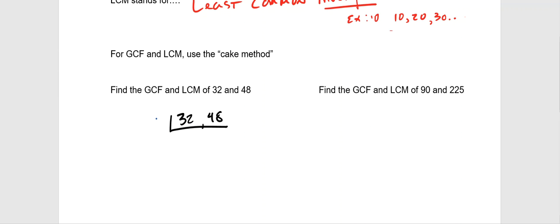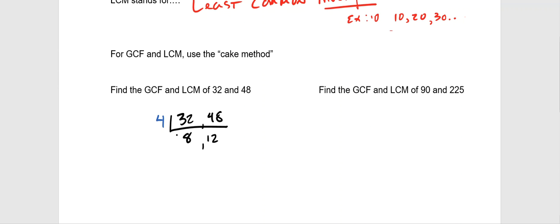I'm going to go a little bit bigger than that. I'm going to say 4. And neither of us would be wrong. If you said 2, you would divide these two numbers by 2. Since I'm saying 4, I'm going to divide first 32 by 4, which is 8. And then I am going to divide 48 by 4, which I know is 12.